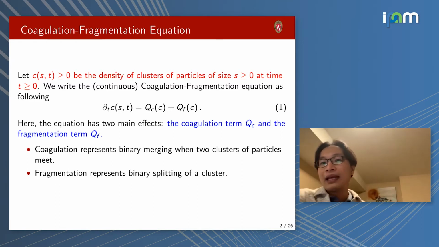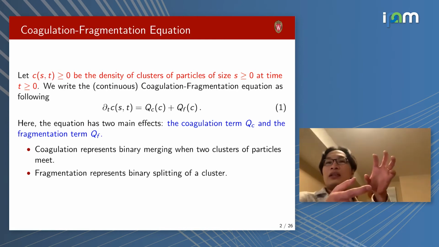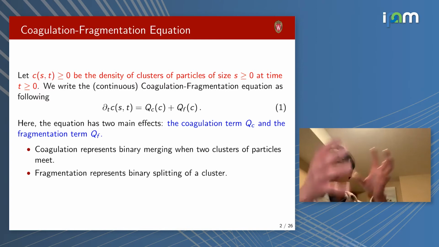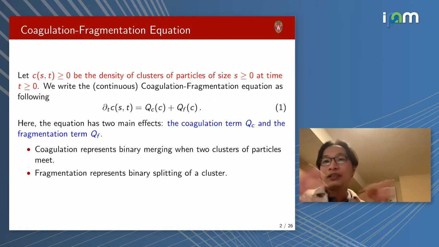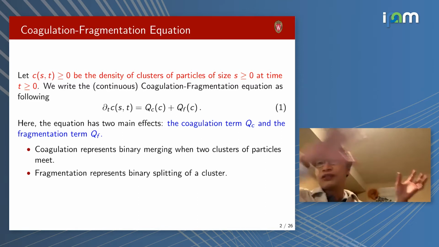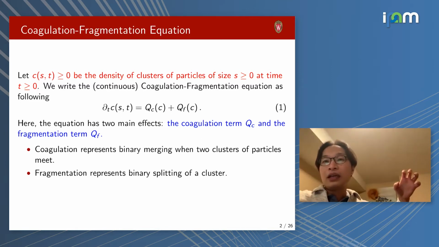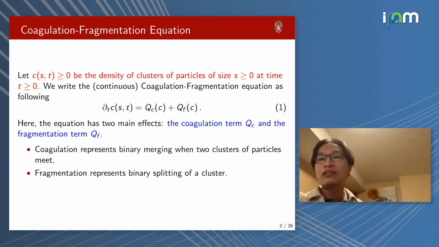Then there's the other effect, called fragmentation. That is the reverse one: at a random time, a random cluster can be broken into two smaller clusters. You can think of them as clouds in the sky that can merge together to create a bigger cloud, or be divided into smaller clouds.